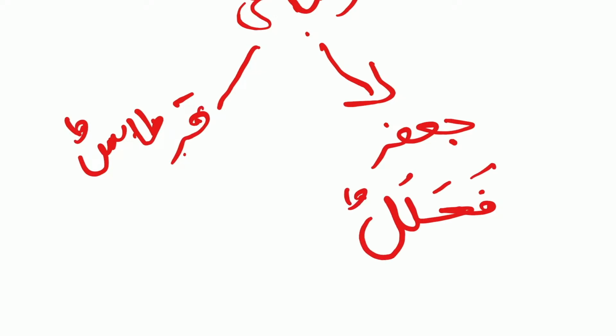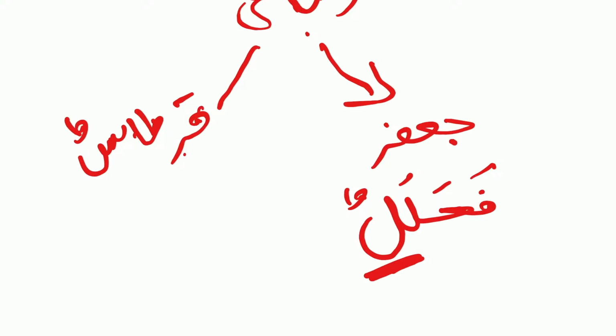So put it in the scale of the Arabic language. We put Ja'far in the scale, so this is what? Ja'farun, fa'lalun. Okay, so look, when the huruf asliya keep on increasing, we keep on adding the lam.